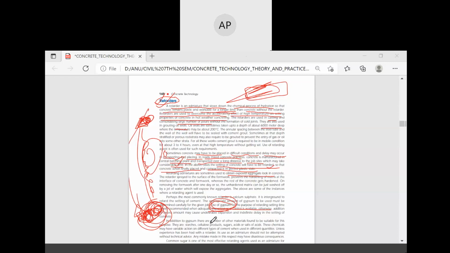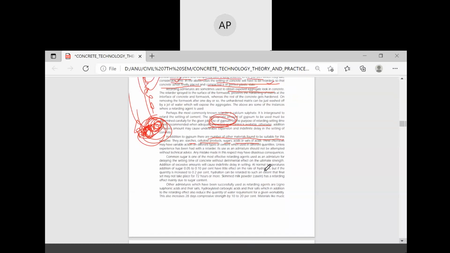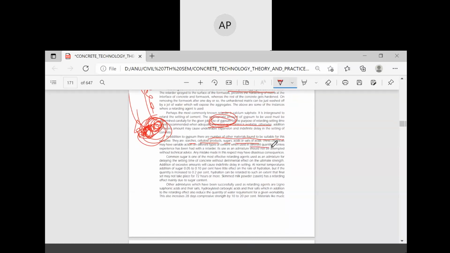In addition to gypsum, there are a number of other materials found to be suitable for this purpose: starches, cellulose products, sugars, acids, or salts. These chemicals may have a variety of actions in different types of cement when used in different quantities.